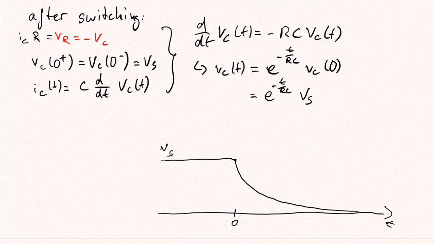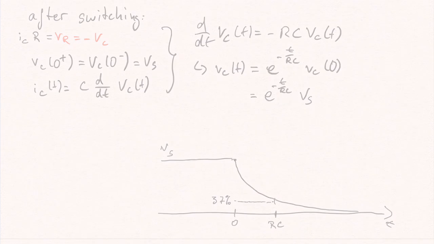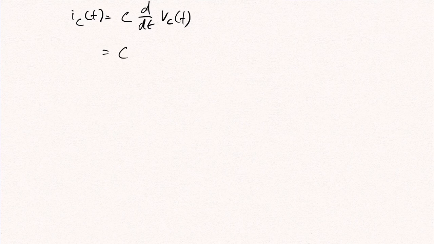The time that it takes until the voltage has reached about 37% of its original value is called the time constant, and it is equal to R times C. In order to get the capacitor current, let's go back to the characteristic equation and substitute Vc by the expression that we derived above.